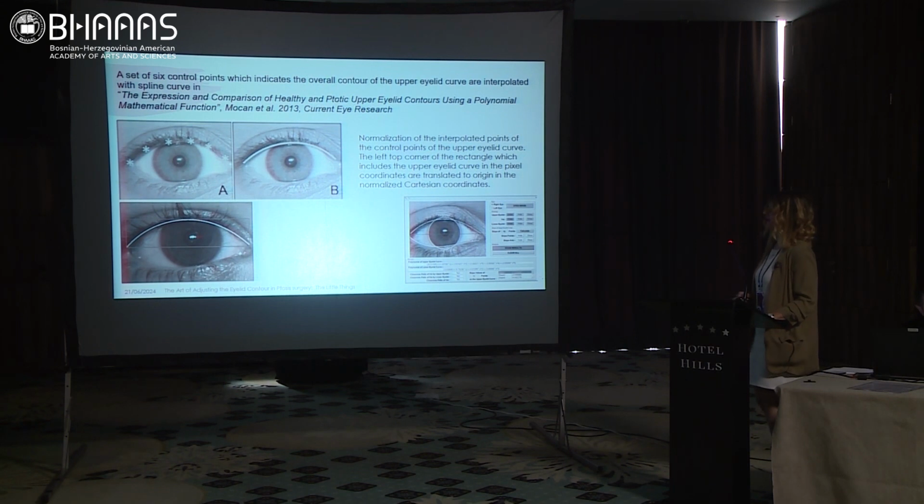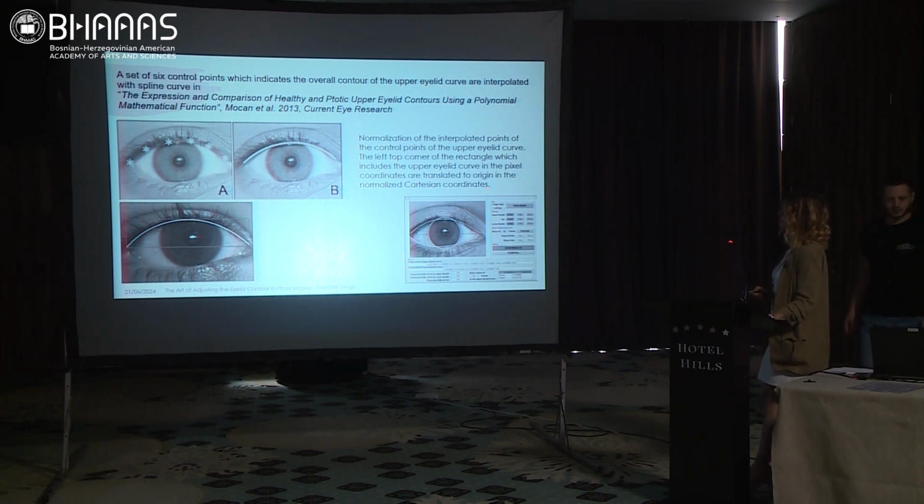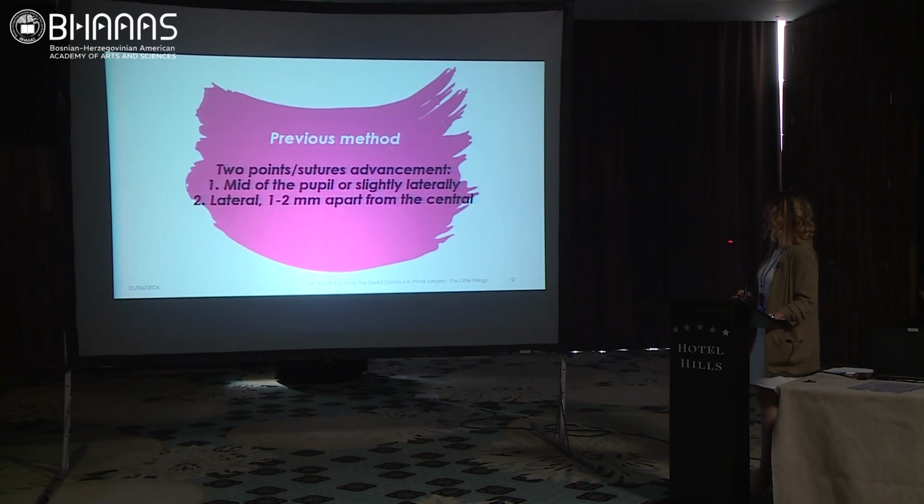Then there is the study that also uses a polynomial mathematical function, using 6 points on the upper eyelid interpolated in contrast to the normal curvature of patients of the same age, racial and sexual characteristics, using mathematical software at the end. Again, too complicated to use.